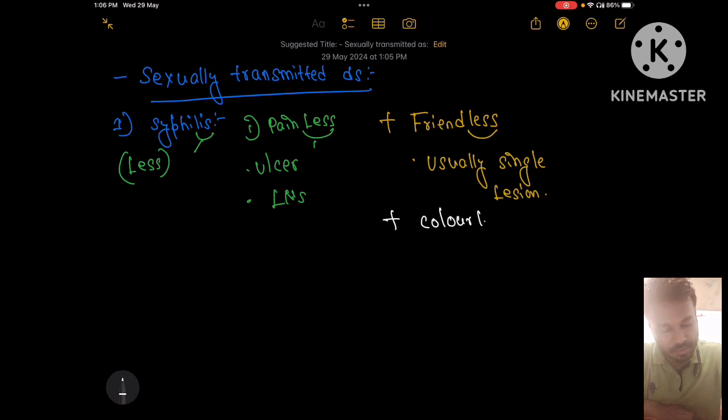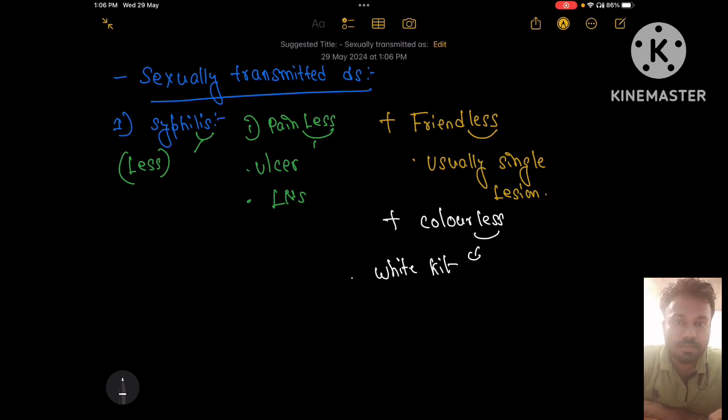For treatment of syphilis, we can use white kit.